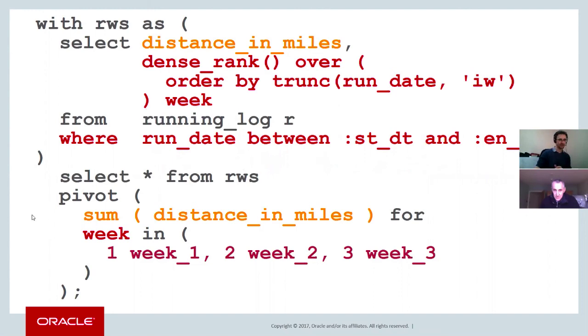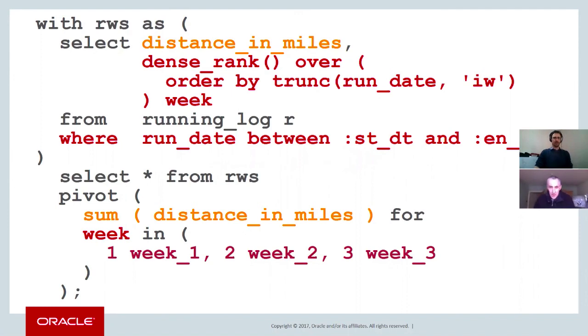You can actually filter after the pivot, with a where clause after the pivot, but in general you want to do your filtering here, because that ensures we're filtering as soon as we possibly can. It comes down to making sure you're processing the smallest amounts of data as soon as possible. I don't think you've got anything to add to that, Keith?